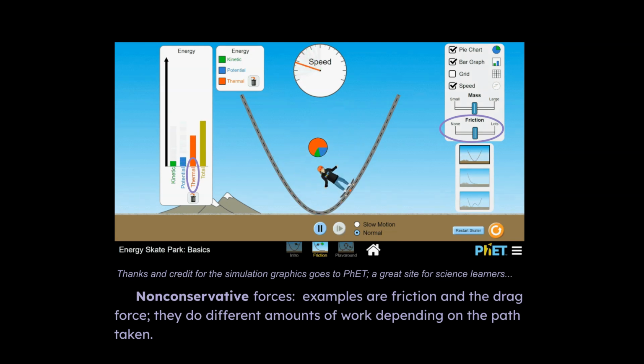That does matter because a little bit of energy is lost to the environment as friction, which converts into thermal energy, and so that leaves less and less energy for the system's kinetic or potential energy. So this is just a visual reminder of what we mean with non-conservative forces again.